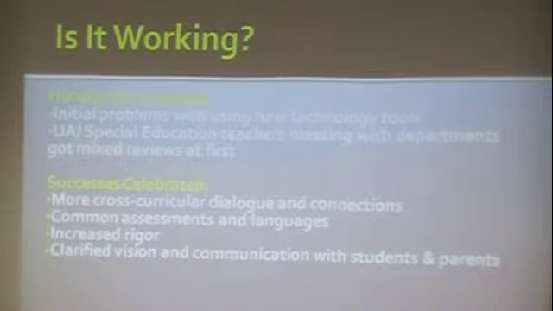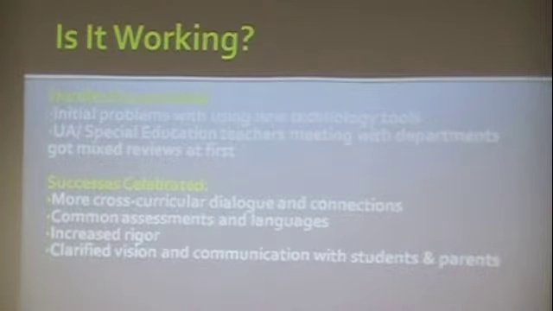The vertical meetings that we're having, 6th grade through 12th grade, got a little bit of mixed reviews at first from the Unified Arts and the special ed teachers. They were asked to go to a department where they felt their curriculum most lined up. And at first, the first couple of meetings that we had after school, they walked away from those feeling a little intimidated because they didn't have the common language that the math teachers did, or that the science teachers did, or the language arts teachers.